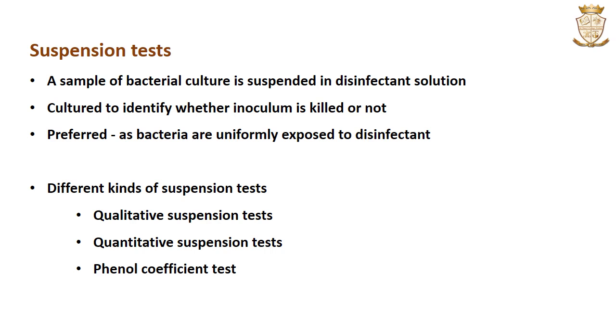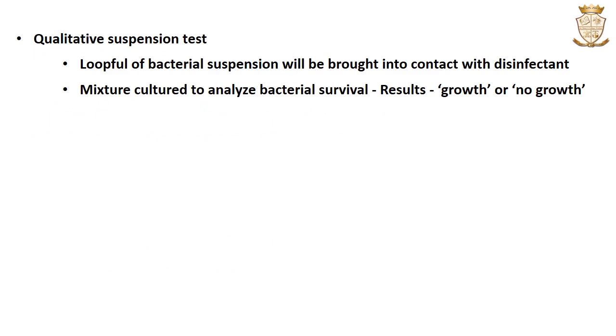There are different types of suspension test. They are the qualitative suspension test, the quantitative suspension test, and the phenol coefficient test. In a qualitative suspension test, a loopful of the bacterial suspension will be brought into contact with the disinfectant for a period of time, and after this period of exposure, the mixture will be cultured to observe for surviving microorganisms.